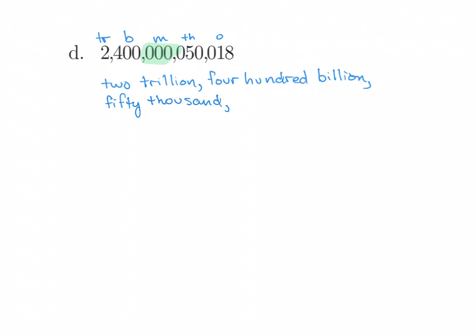And then our last period, we have the number 18. And we're done. So this number is 50,018. Again, remember, do not include the word "and" when writing these numbers in words.